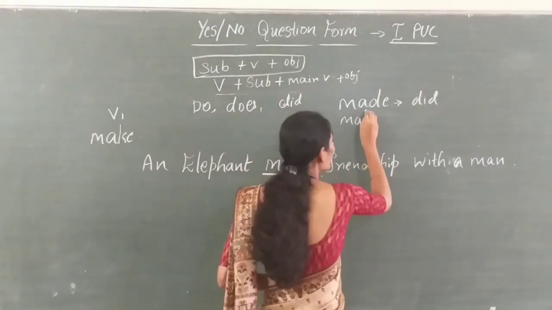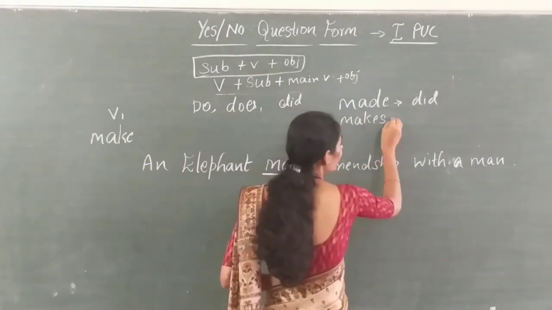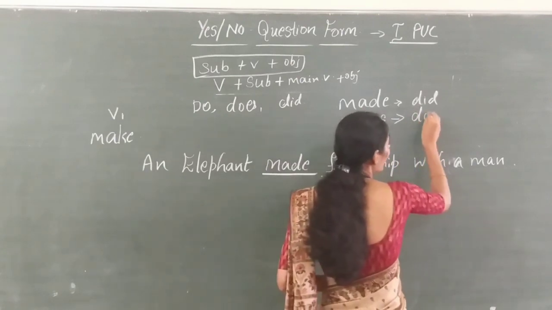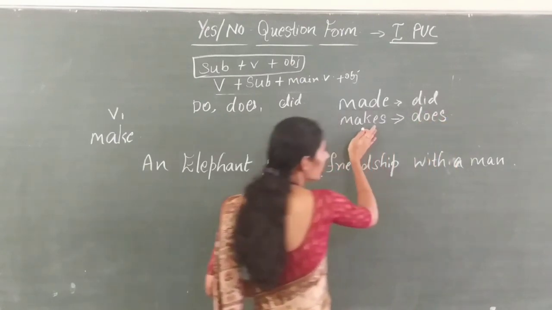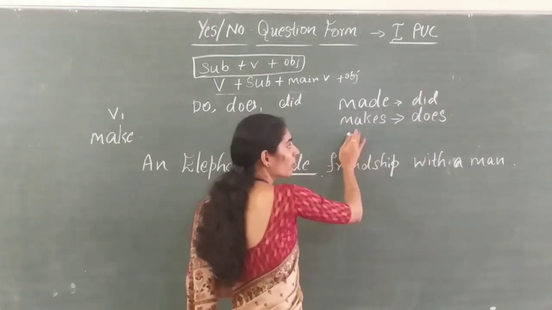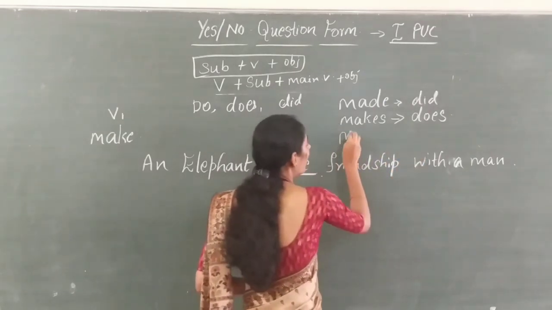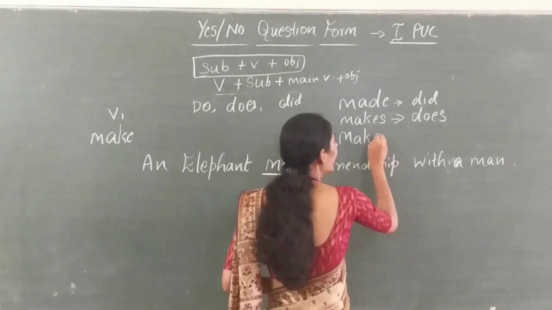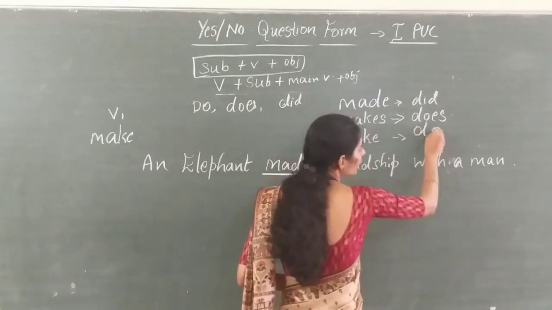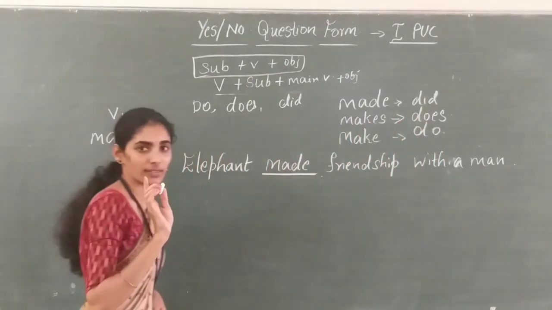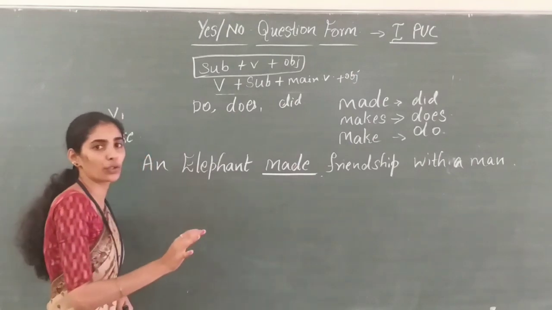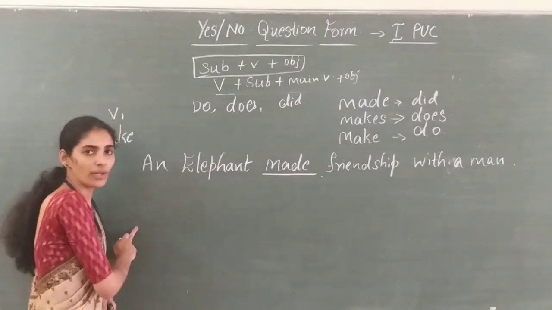When the verb is makes, then it takes does. Do you remember? When we add s to the verb, then it takes does. And now if it is only make, then it takes do. So you have to remember this. Then it becomes very easy for you to frame do form question.